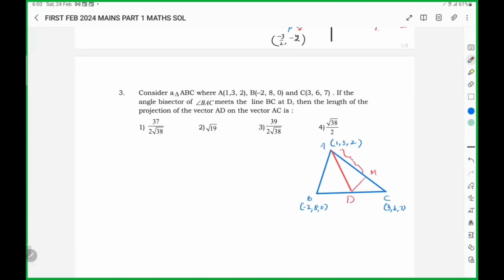First, to find this, I should know the AD vector. To find the AD vector, I should find the coordinates of D. What we know is that the angle bisector divides the opposite side in the ratio of the remaining sides.